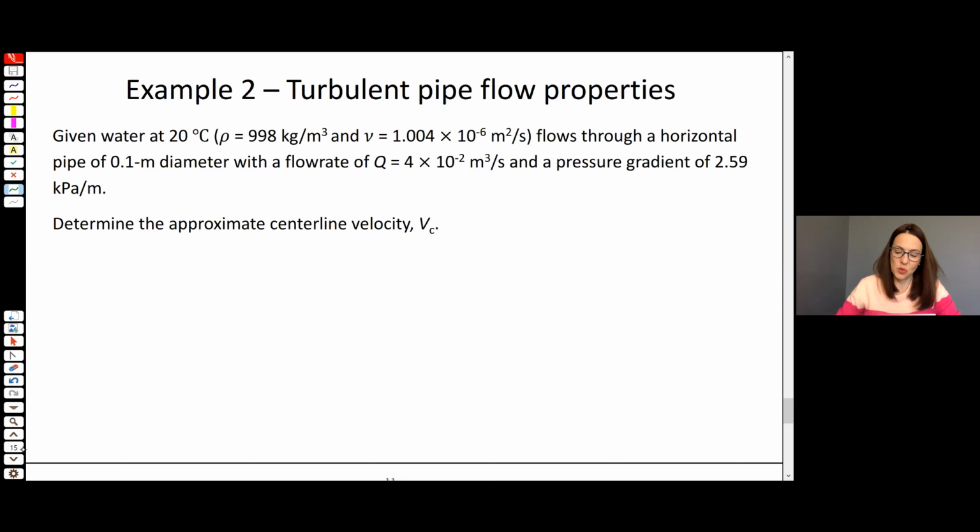Now, in the case of turbulent flow, it's approximate because we're going to be working with that expression for the velocity, which is not exact, which only gives us the mean velocity component for the turbulence, not the whole velocity signal. So that's why the word approximate is used here. All right, so we can determine the centerline velocity from the average velocity.